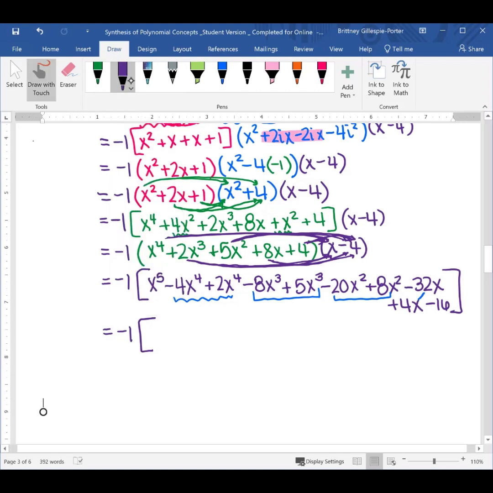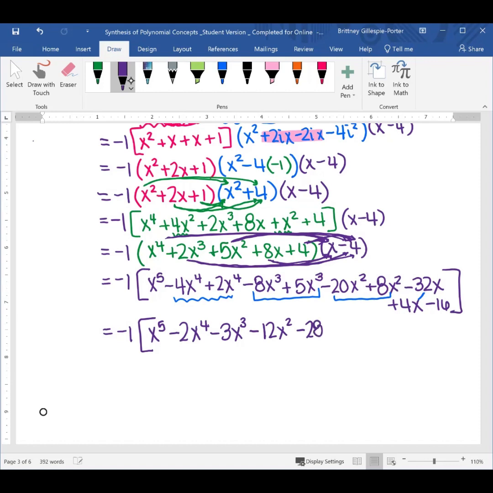So combining and keeping in descending order, we're going to have x to the fifth, and negative 4 plus 2 gets us a negative 2, x to the fourth. We have negative 8 plus 5, which gets us a negative 3, x cubed. Negative 20 plus 8 gets us a negative 12, x squared. Negative 32 plus 4 gets us a negative 28, x minus 16.